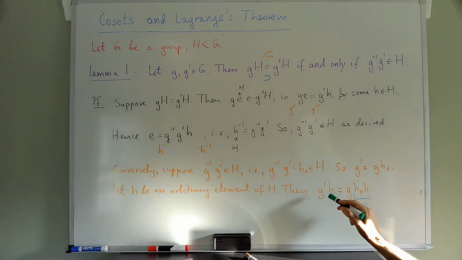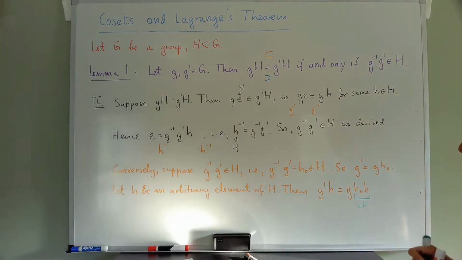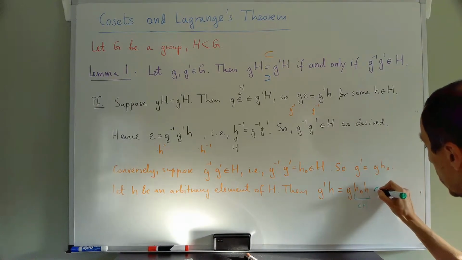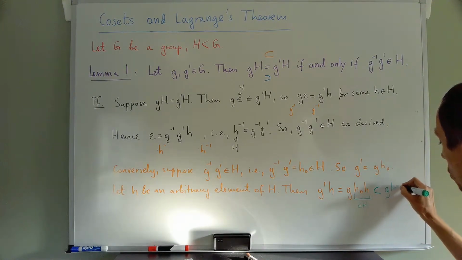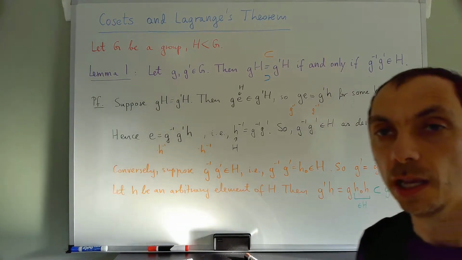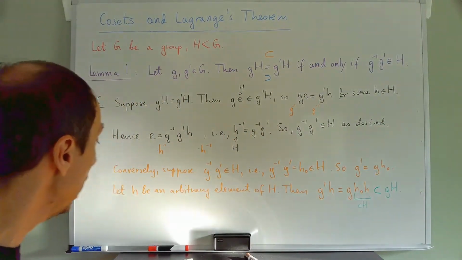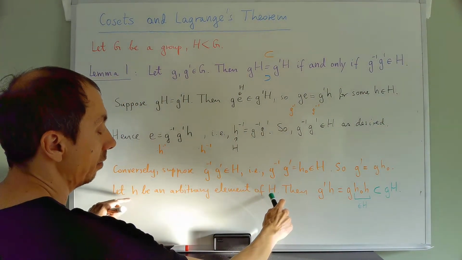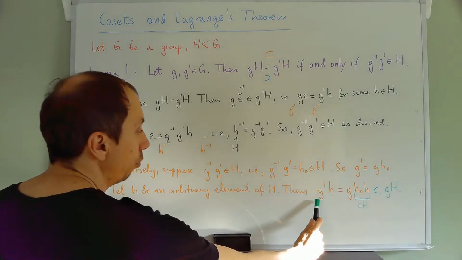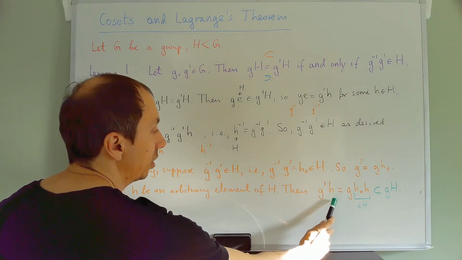That this element g prime h can be written as g times something in H. So that means this thing here is contained in gH. Okay, but little h was an arbitrary element of H, which means g prime times any element of H.